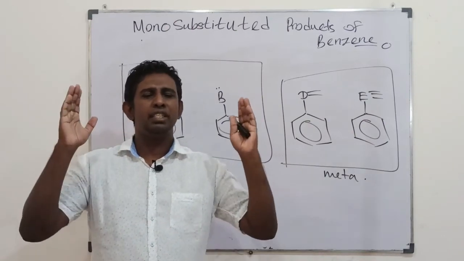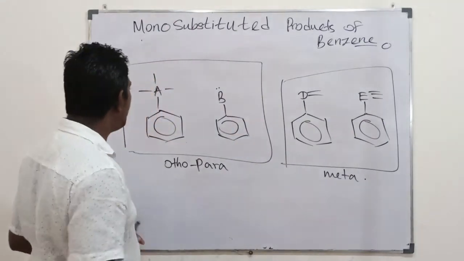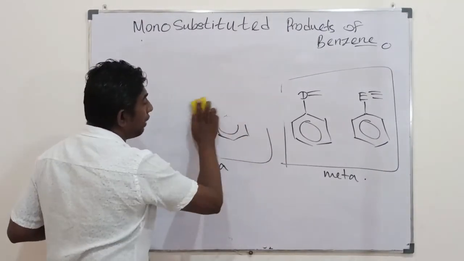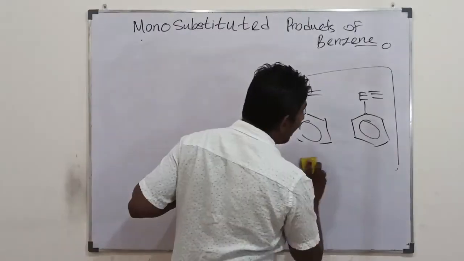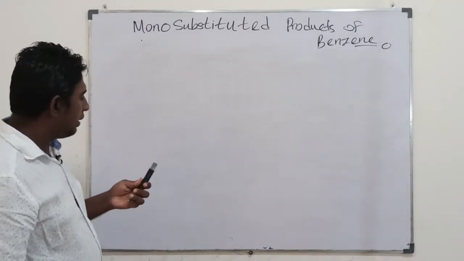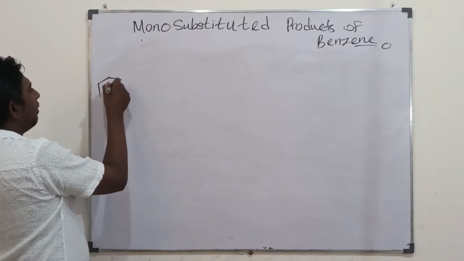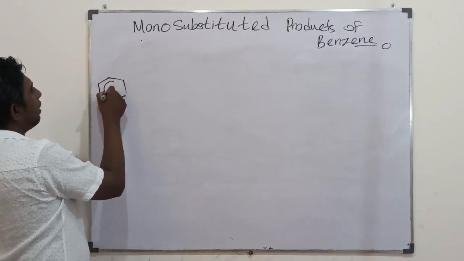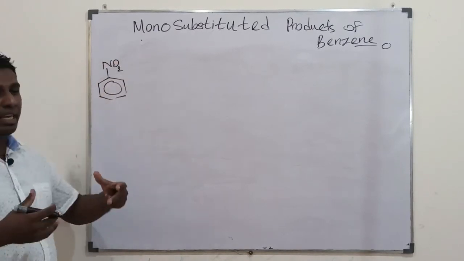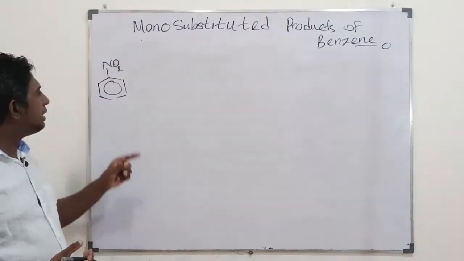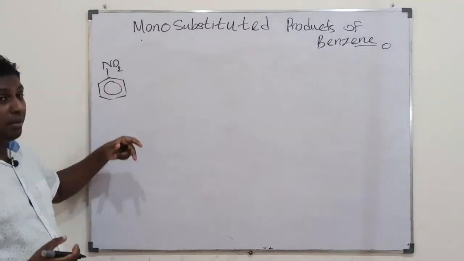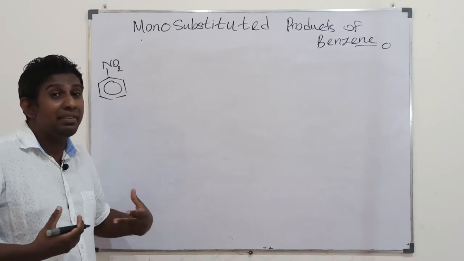Then students, finally I am going to show you all those groups, their relative ability to activate and deactivate the benzene ring. The least reactive is nitrobenzene, which reduces the benzene's electron density very much. NO2 makes the benzene ring highly deactivated.